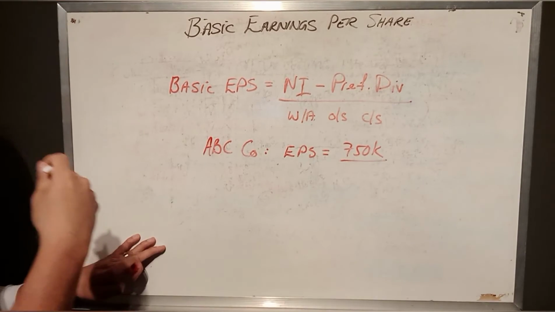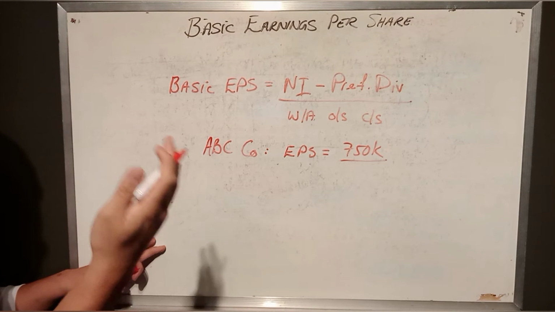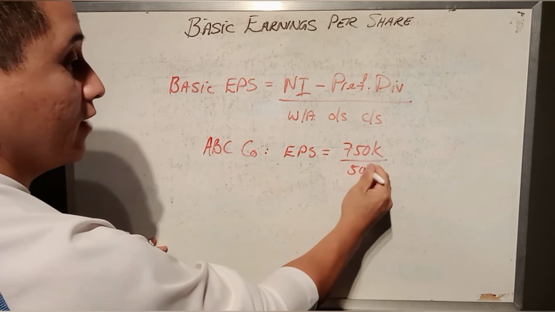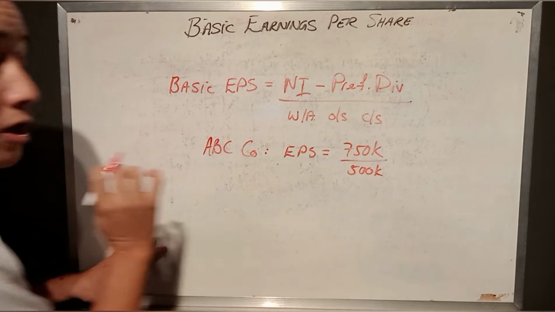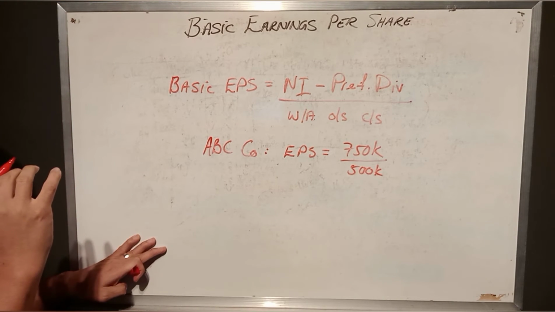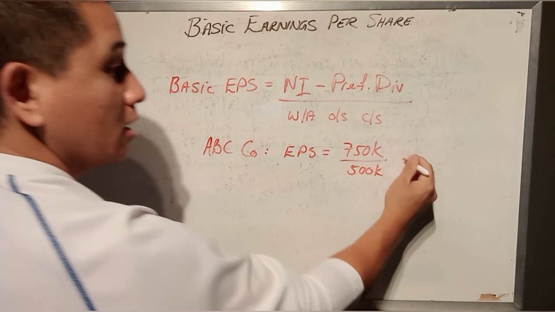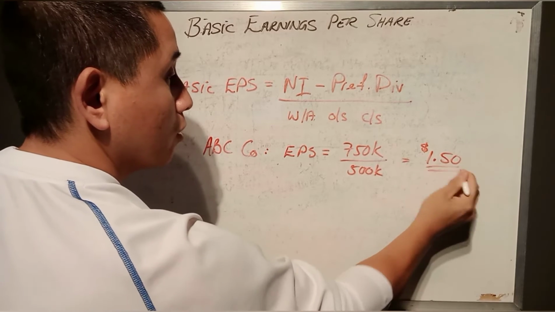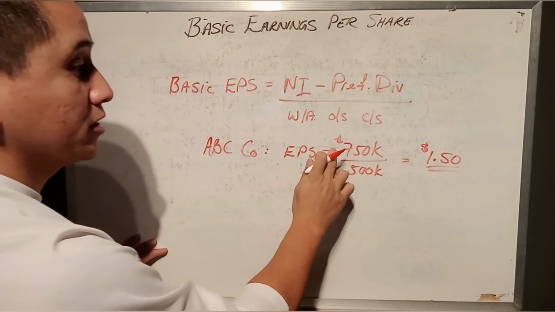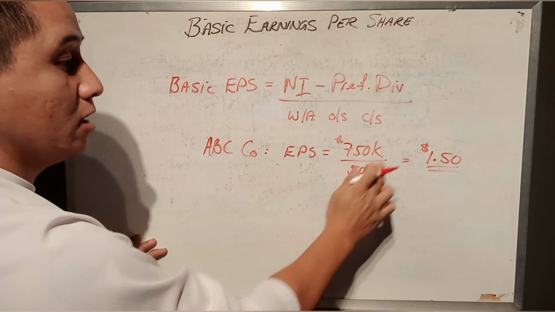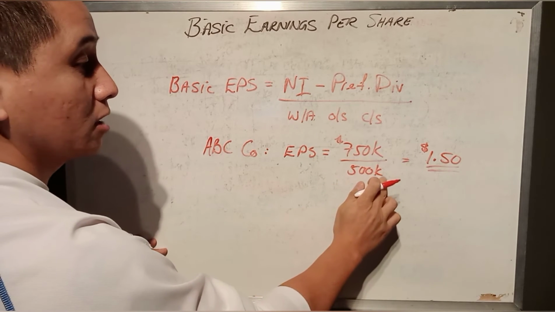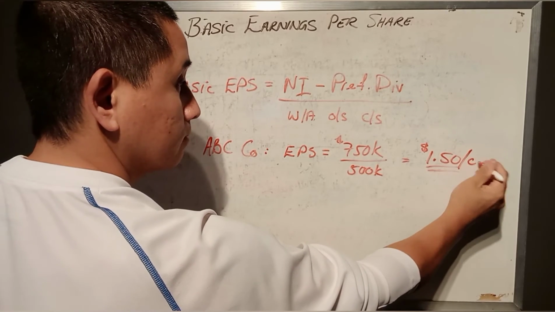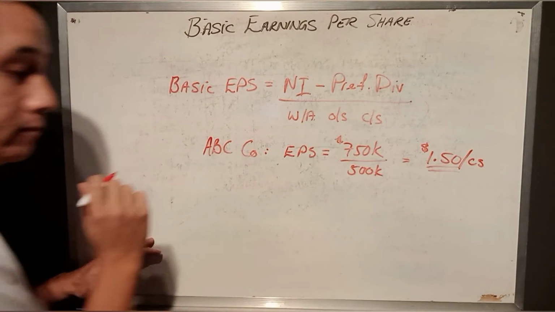Let's say that their common shares, as per their owner's equity statement, are about 500,000 shares outstanding. So that would give us a value of $1.50 per common share. Remember, this is dollars here: $750,000 divided by 500,000 common shares outstanding is equal to $1.50 per common share.